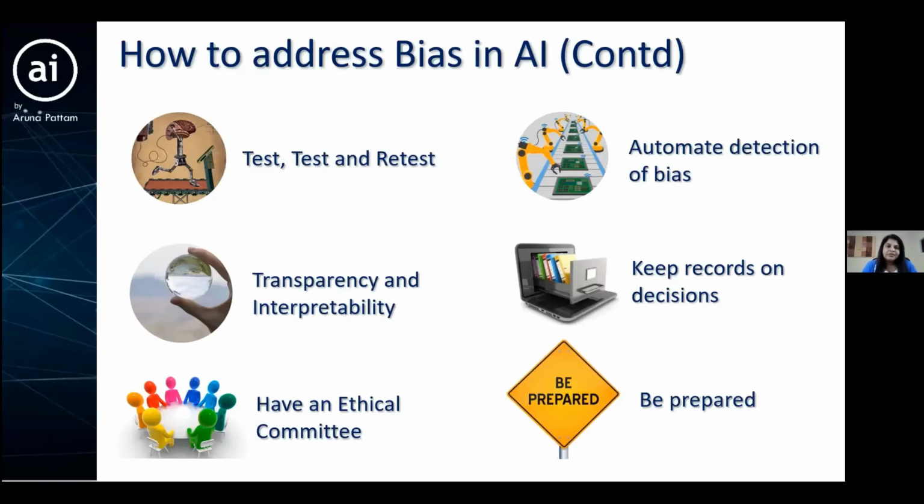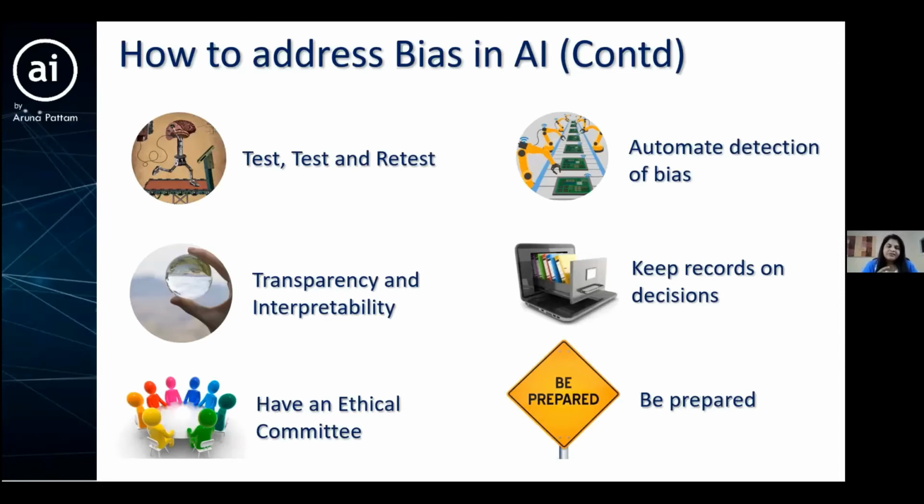The next thing you need to be mindful of is transparency and interpretability. Transparency means that when there are any issues in the decision, you can backtrack and find out where the root cause of the issue was, and then you can address it. Interpretability is where you should be able to explain the model, how the decision has been made.